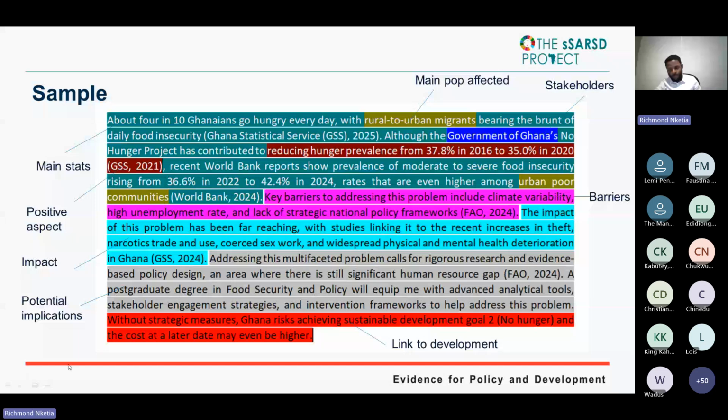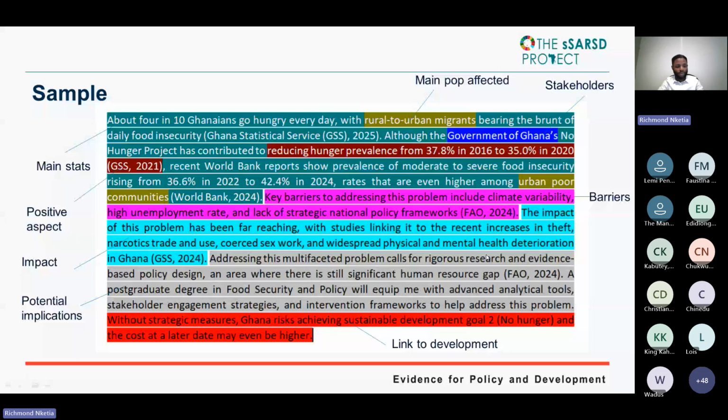remember I said recent research has linked food insecurity and hunger in Ghana to theft, narcotic trade and use, and coerced sex work, and widespread physical and mental health issues. So if you allow the problem to be there without addressing it and think that you can address it later on, then what you're allowing to happen is the problem is there and the implications of the problem also keep compounding.